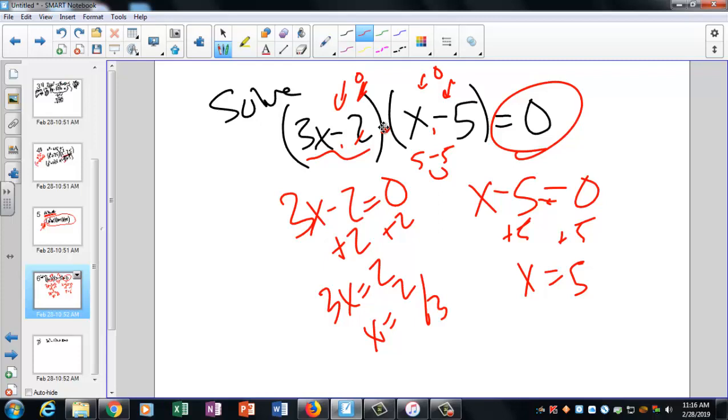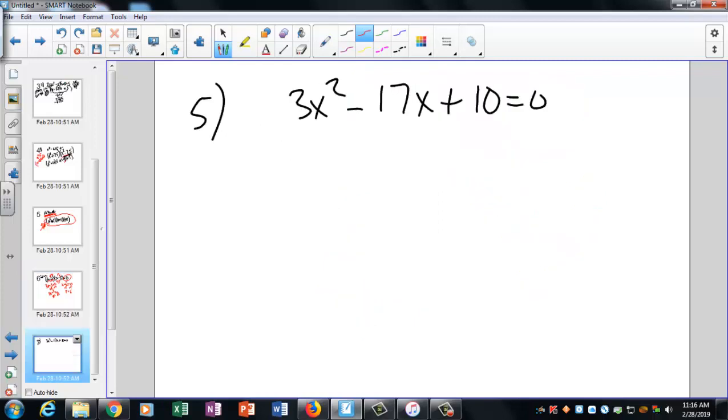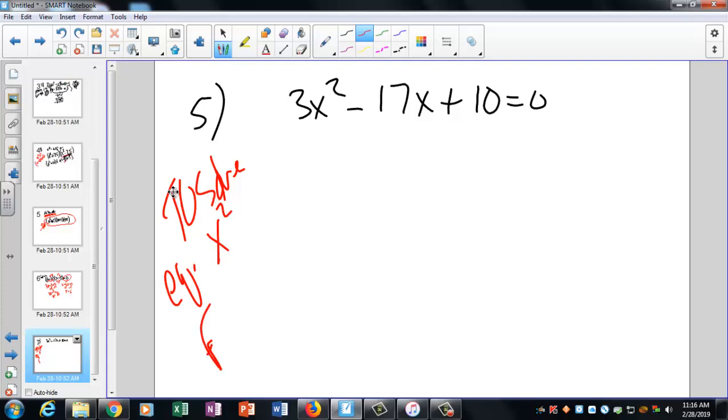All right. Now, how do we solve this? If we're going to solve an equation that's got x squared in it, we want to factor when it's equal to 0.